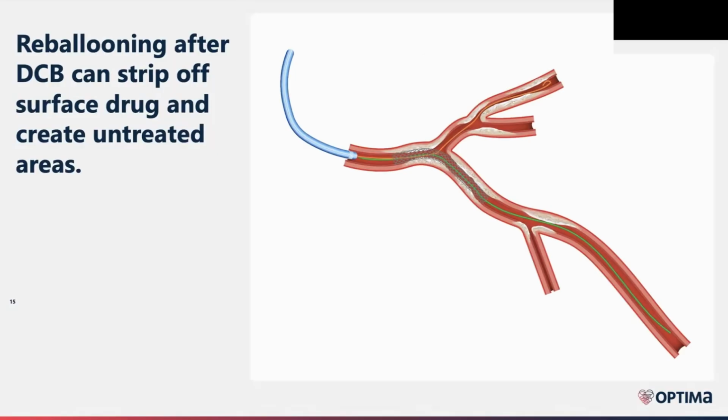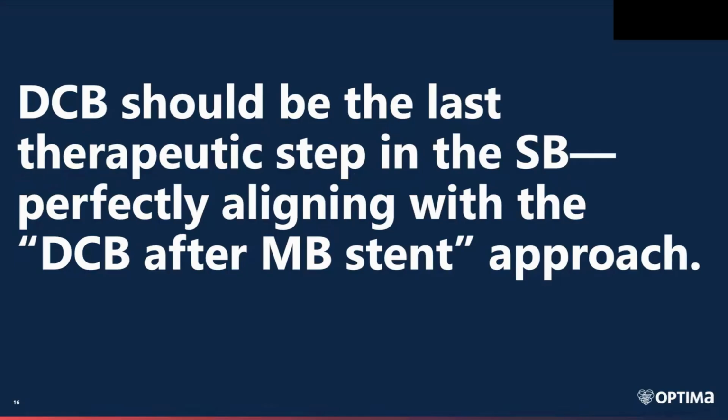You will likely clear areas, and make the drug wash down the coronary, and that could lead to less efficacy of this treatment. So DCB should be the last therapeutic step in the side branch, specifically the bifurcation.